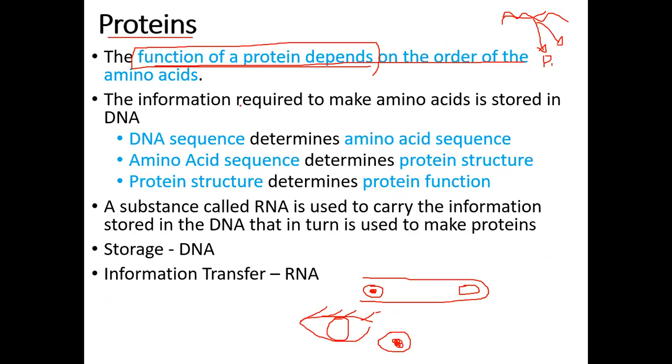The information required to make amino acids is stored in DNA. So a DNA sequence would determine the amino acid sequence. Let's look at how a DNA sequence determines the amino acid sequence. Then this amino acid sequence would determine the protein structure, and the protein structure would determine the protein function.